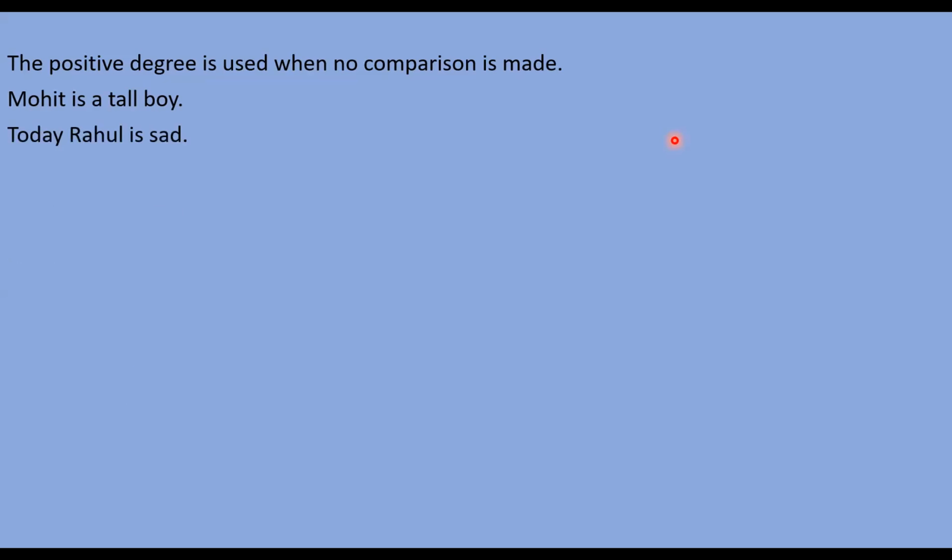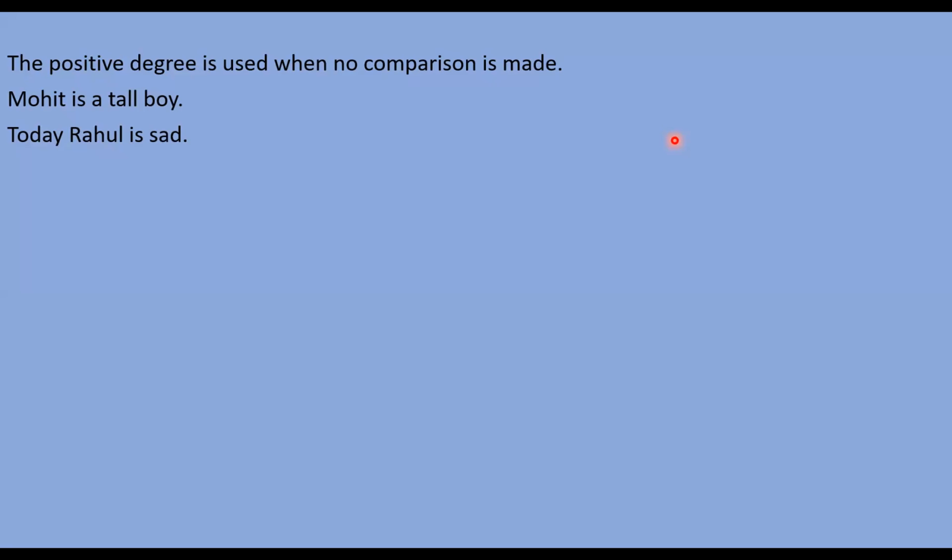Today Rahul is sad. We are telling about Rahul's quality of today. So he is sad. I'm just telling the quality of Rahul. I'm just describing Rahul in this sentence. So that's why sad has been written in the positive degree. Simply we have to understand, when we don't make any comparison, we just describe things.